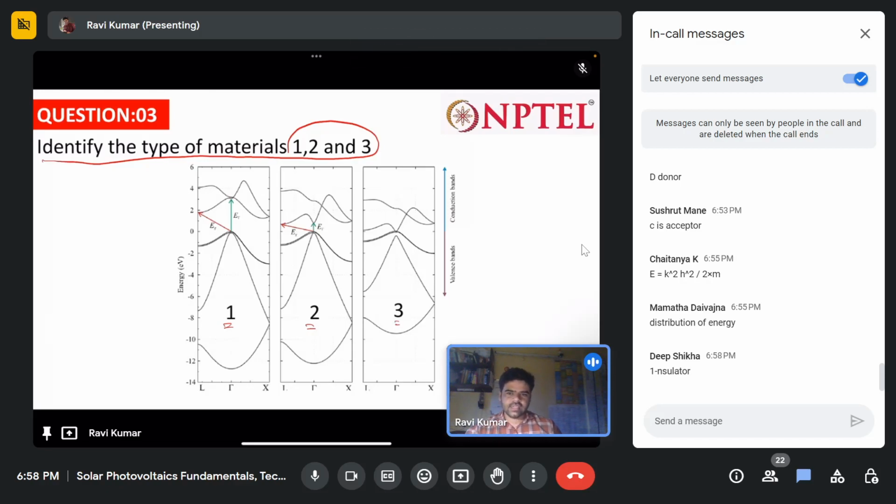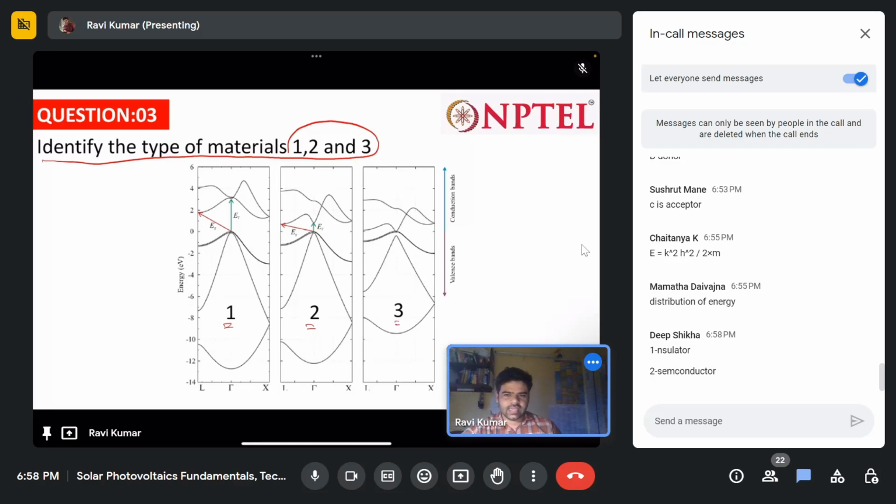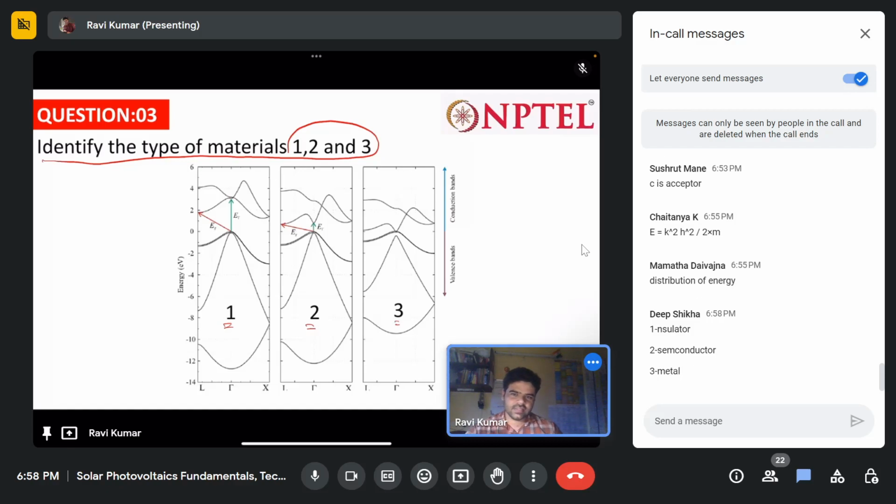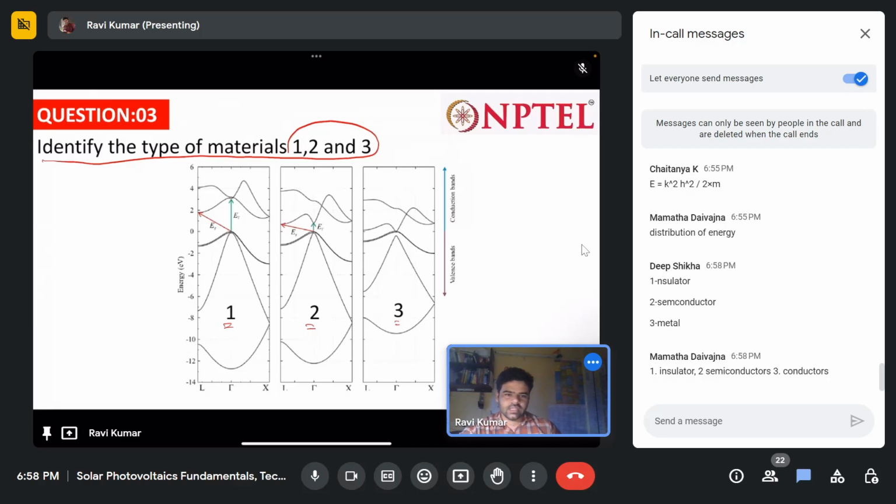One is insulator. Deepshika, yes. Second is semiconductor. Third is metal. Yes. Insulator, semiconductor, metal. Yes, Mamta, you are also correct. Deepshika, you are also right.